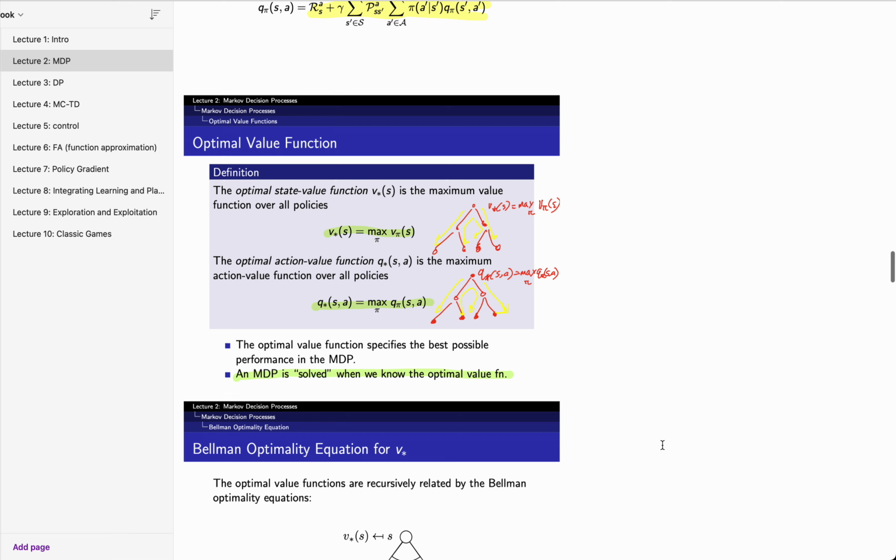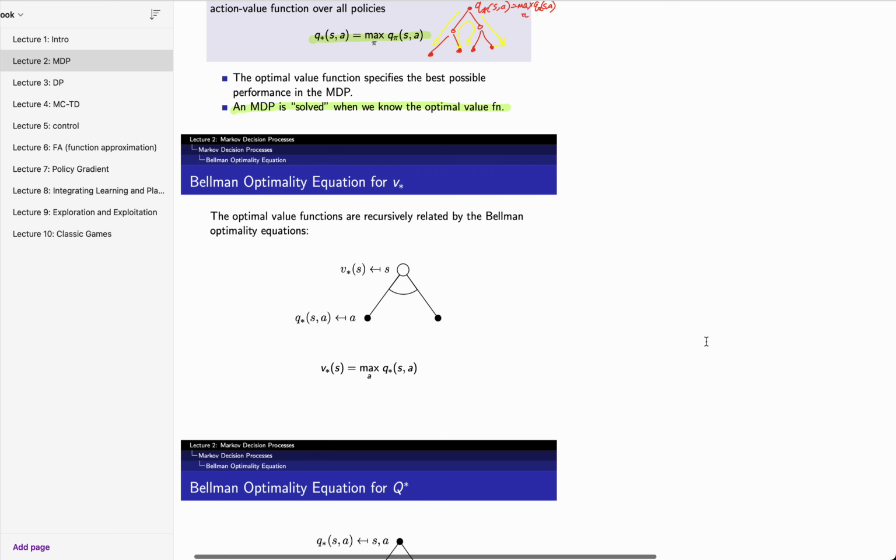And then to find out the best state or the best actions, you're basically going to find the max values of all these branches. So that is called the Bellman optimality equation.